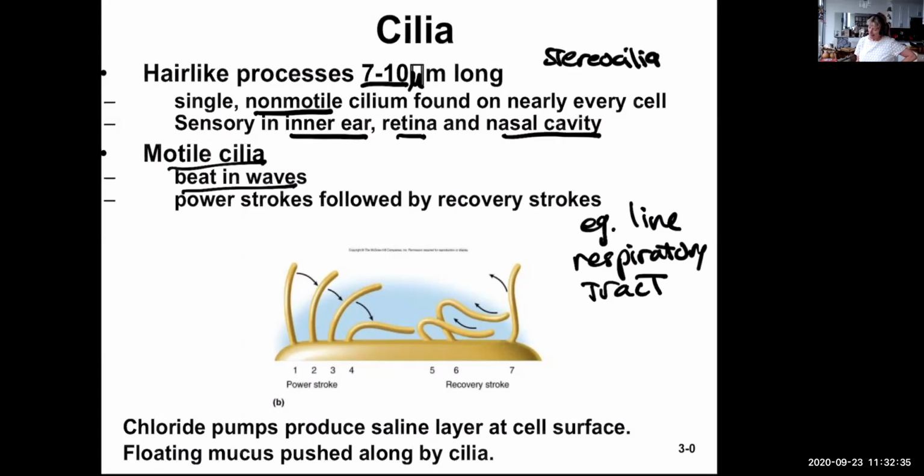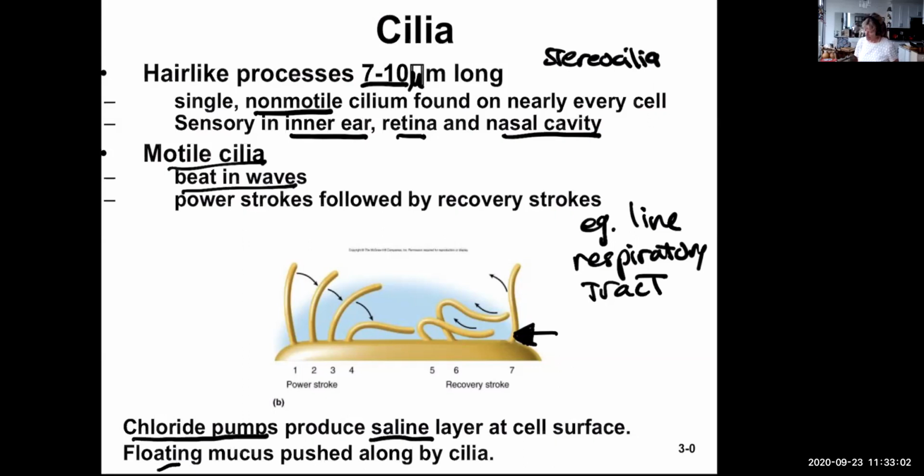The reason that cilia can pump this mucus, even though mucus is quite sticky, is because there's a saline layer at the cell surface here. And chloride pumps pump that saline into the cell surface, and it causes the mucus to detach.